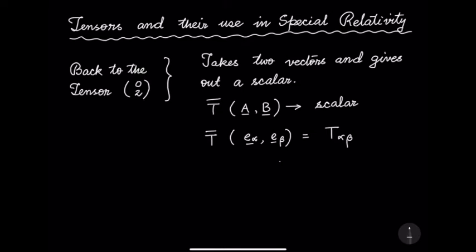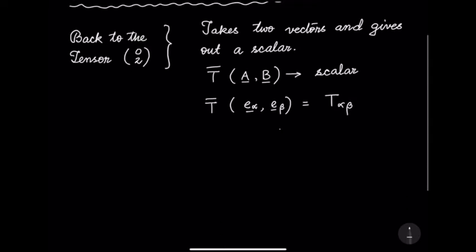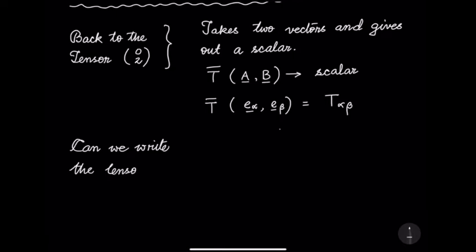The question we'll ask though is the following: can we write the tensor T in terms of its components in the following way? So T alpha beta and then some basis tensor alpha beta.